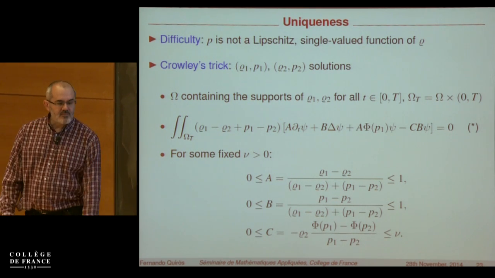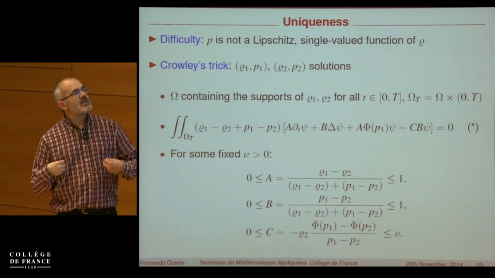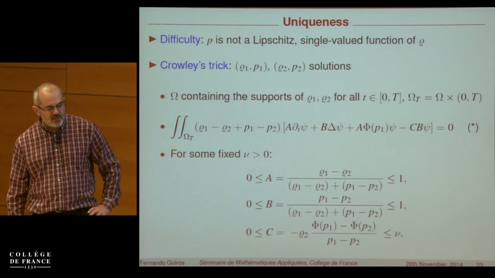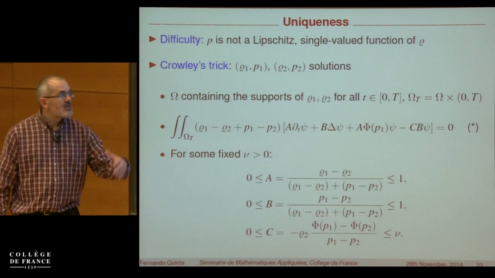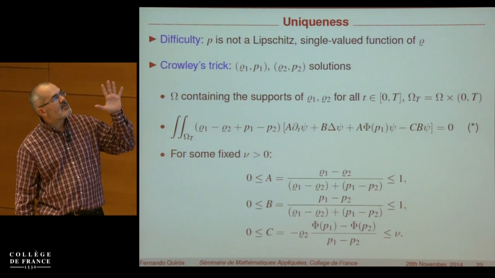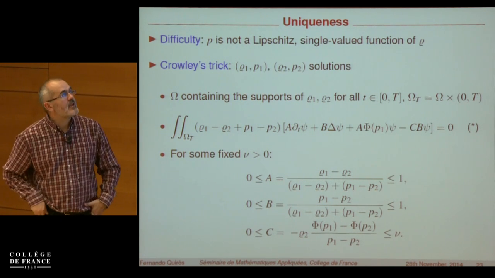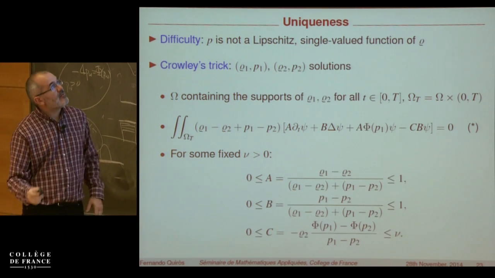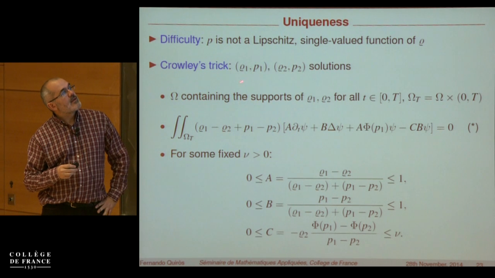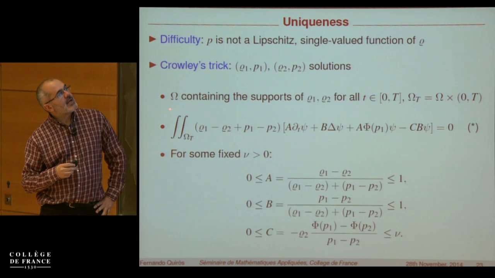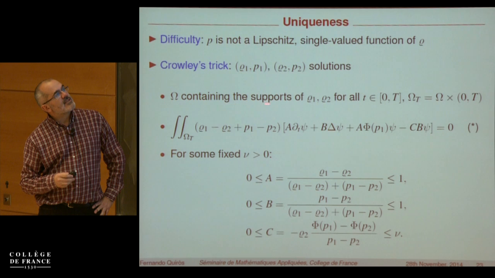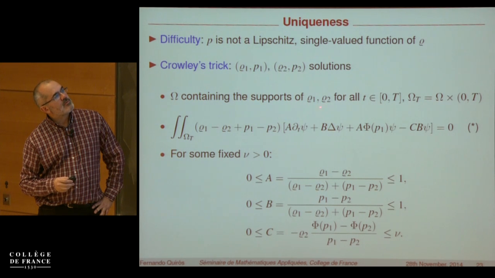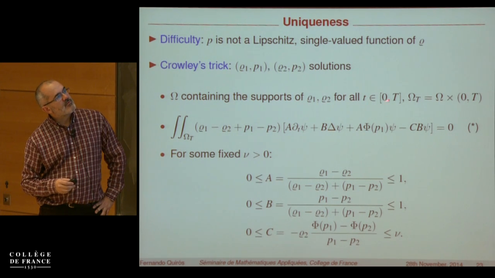We will still use Hilbert's duality method, but we use a trick that we learned from an old, a bit unknown paper by Anne Crowley, which is the following. Imagine that you have two solutions of the problem. Let omega be a set containing the supports of ρ1 and ρ2 for all times between 0 and t.